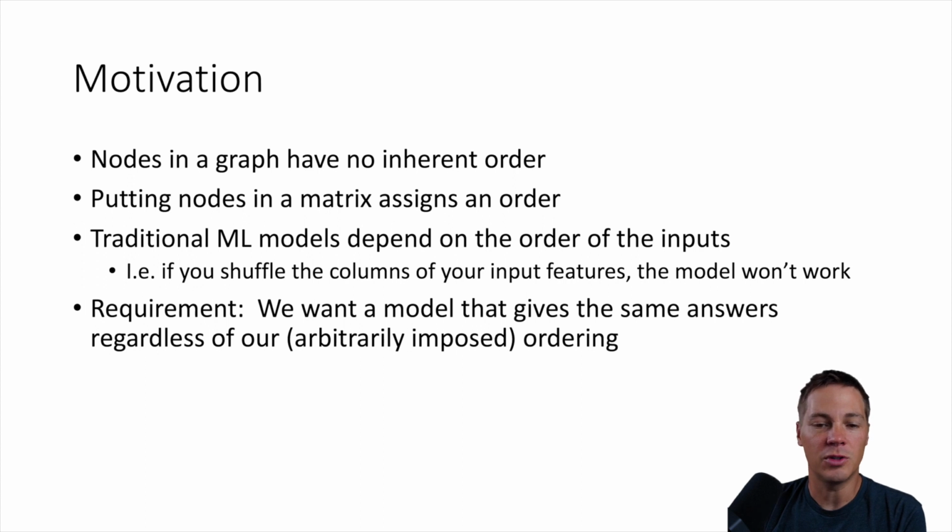So for example, if you train a classifier and you have a set of features like age and height, then if you start shuffling the column order around and put height where age is and age where height is, your model's going to break. But we want a model that gives the same answer regardless of the arbitrarily imposed ordering that we've assigned when representing these data structures.